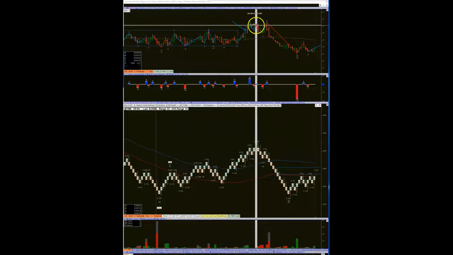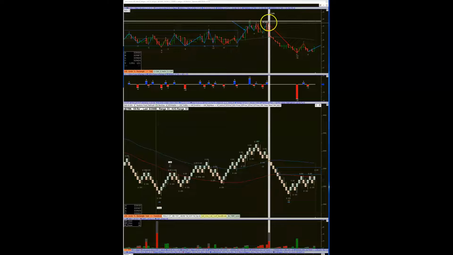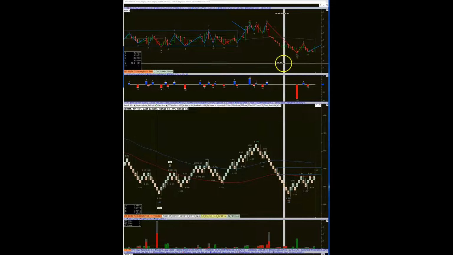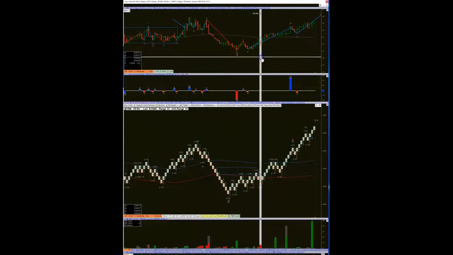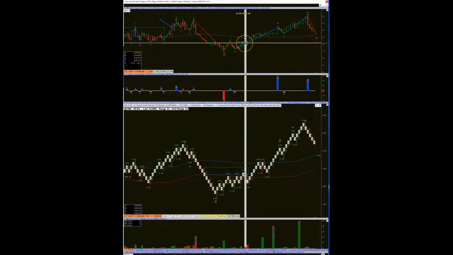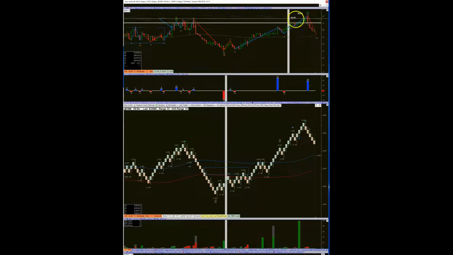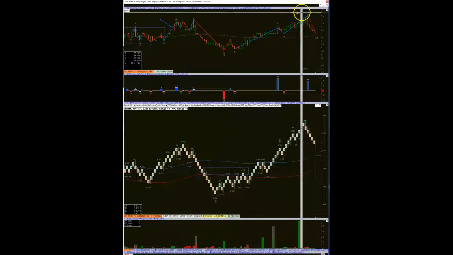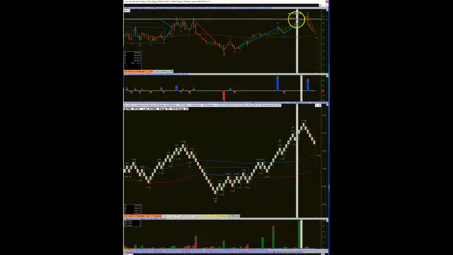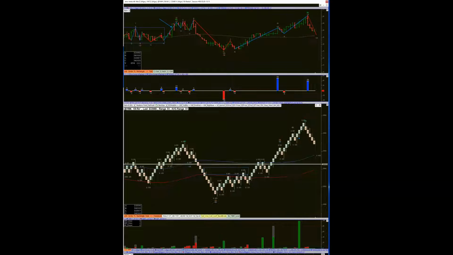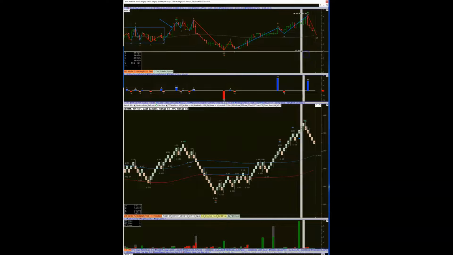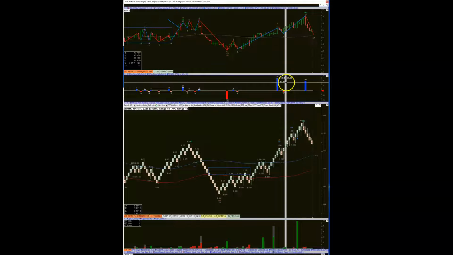But it wasn't enough to overcome resistance, and from resistance there was some selling, and that selling was later on bought, and they made a higher high. Yeah, but it's still near the resistance area, so we have to see how this thing plays out. So that's the thing.